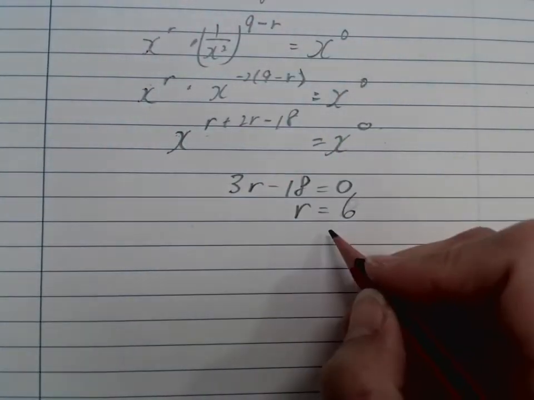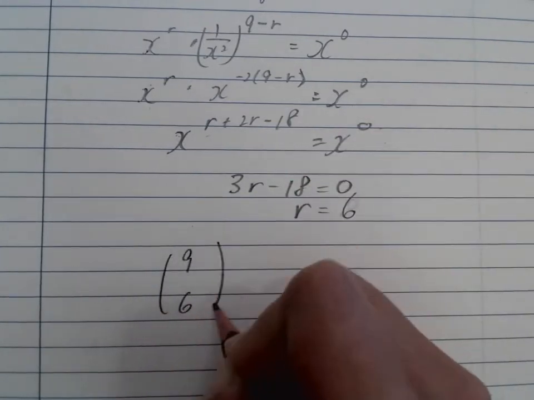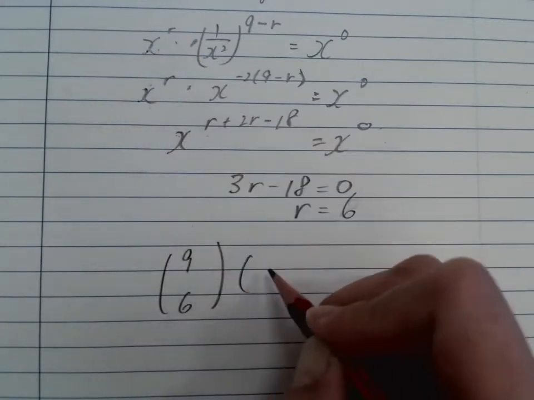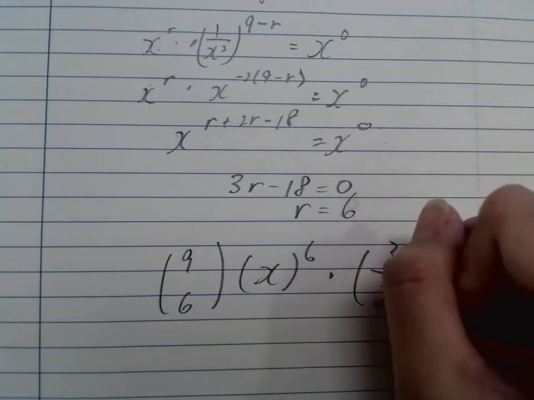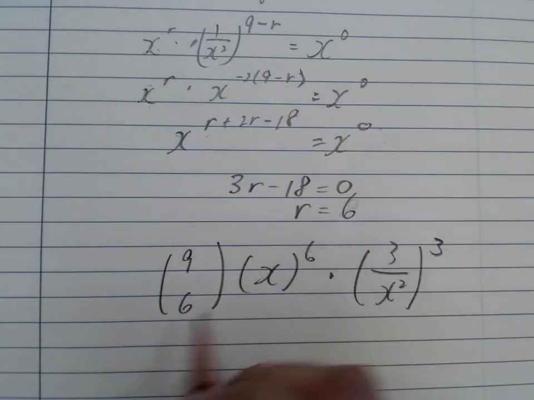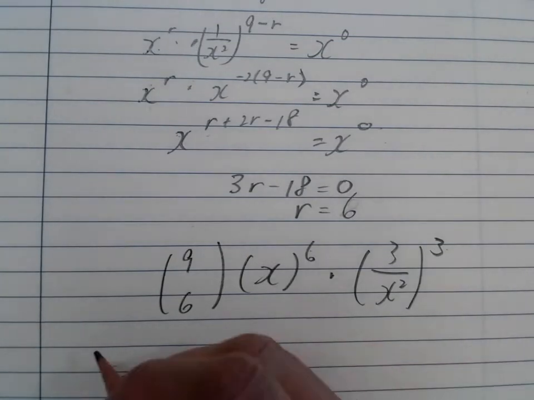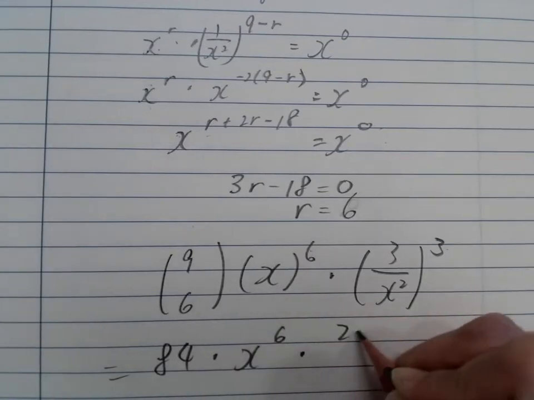And then we're going to use this r for it. So 9 choose 6. Remember we substitute r in the first one. And then 3x² to the power 3, because 9 minus 6 is 3. So we do our bit: 9C6 is 84, times x to the power 6, times 27.